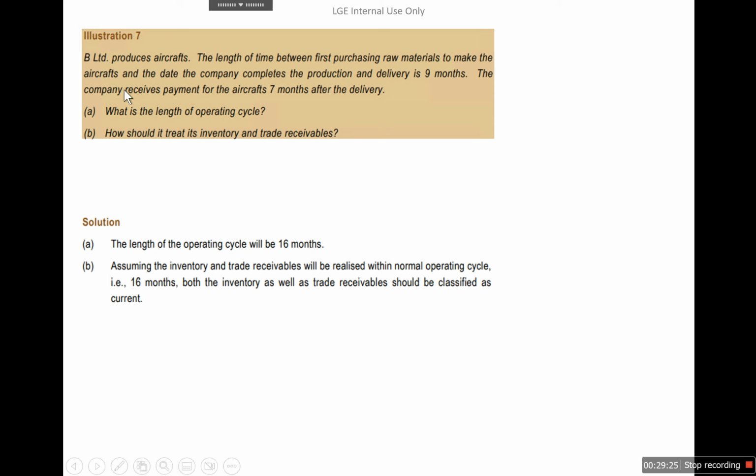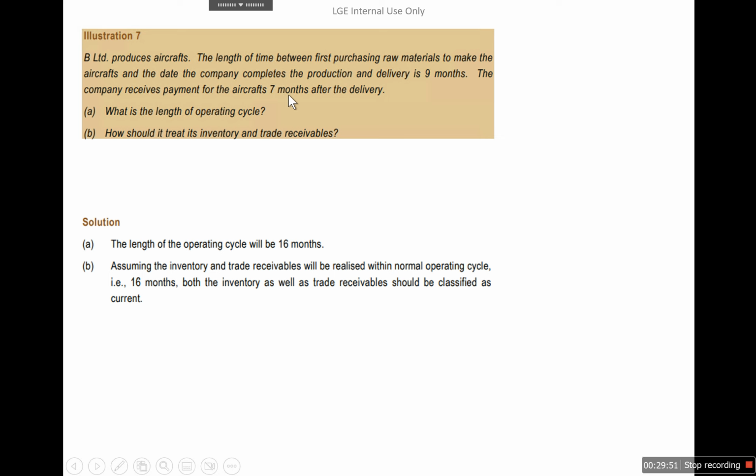So B Limited produces aircrafts, and the length of time between first purchasing raw material to make the aircraft and the date the company completes the production and delivery is 9 months. So operating cycle is of 9 months. The company receives payment for the aircraft 7 months after the delivery. So production and delivery is 9 months and debtors realization is 7 months.